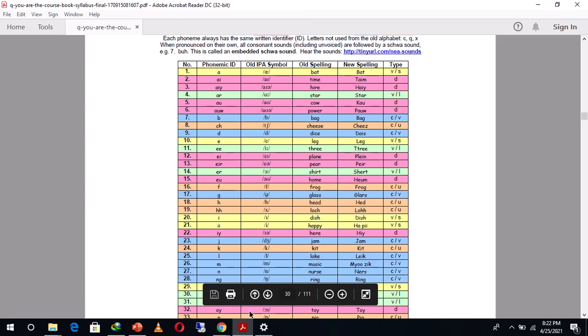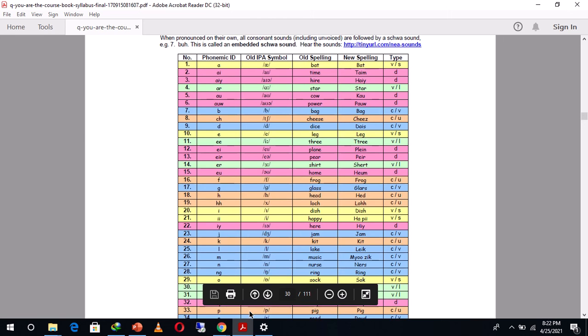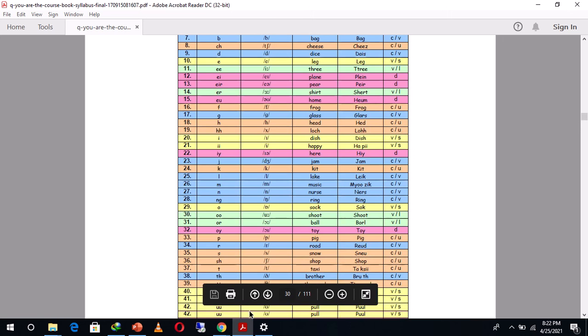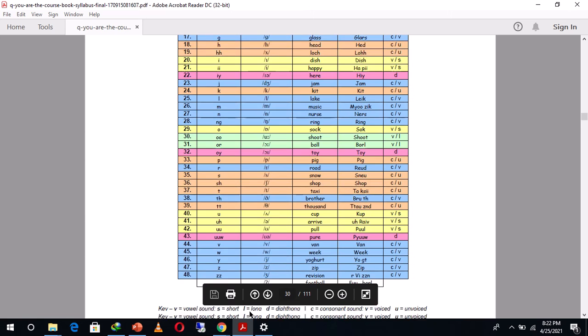Anyways, number 7 is B, like bag. B is a consonant and it is voiced. There is a last column of that table which shows the types of these words written at the bottom of the table. Let me show you.